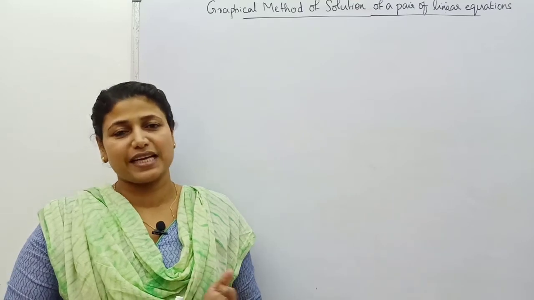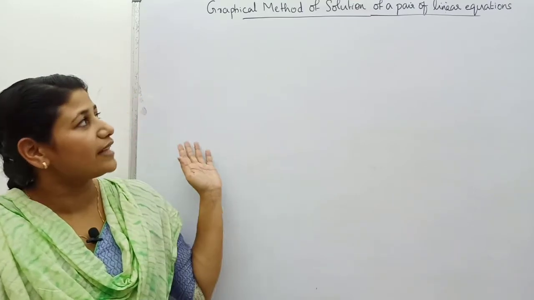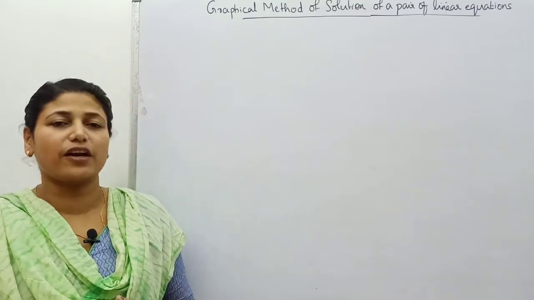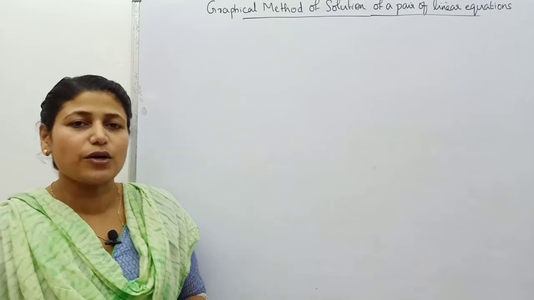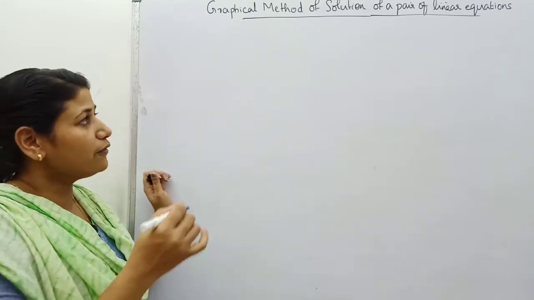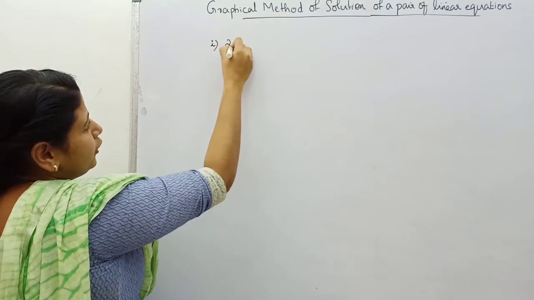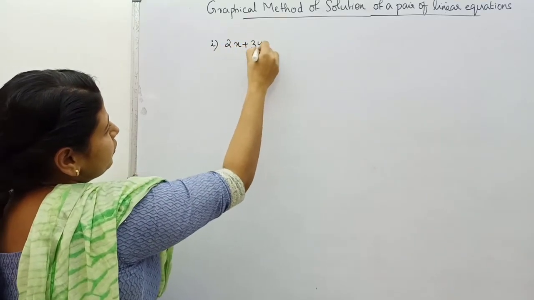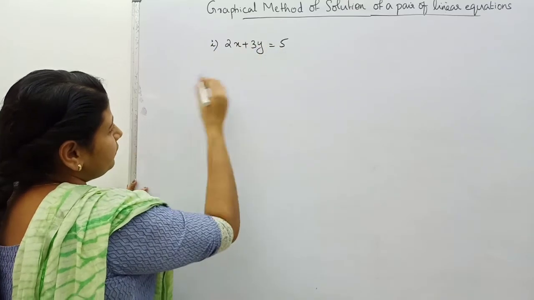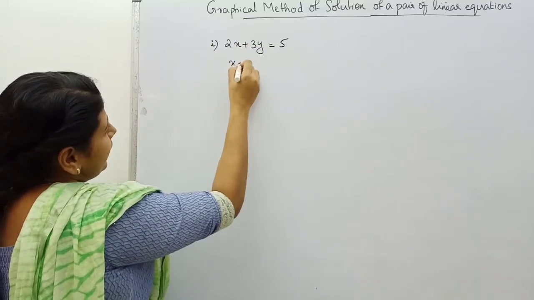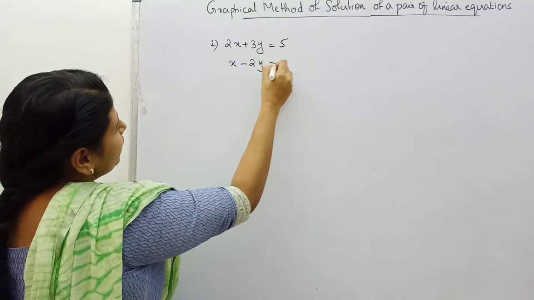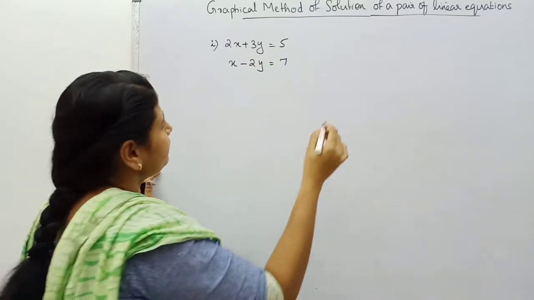Today we are going to start a new topic, which is the graphical method of solutions of a pair of linear equations. So now consider some examples of linear equations. First one, 2x plus 3y equal to 5 and x minus 2y equal to 7.